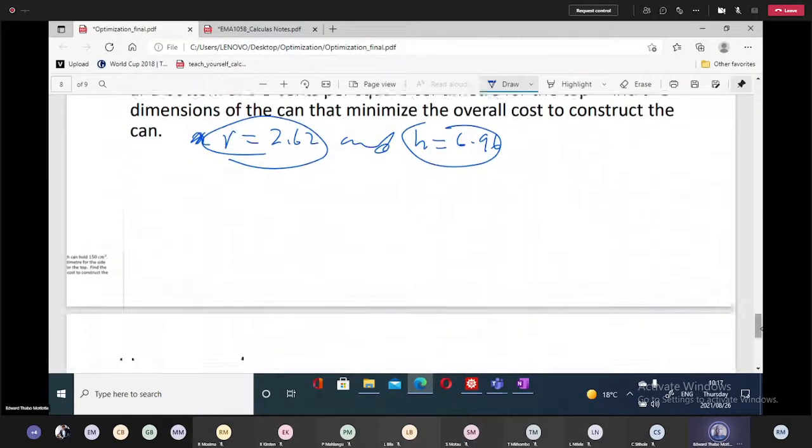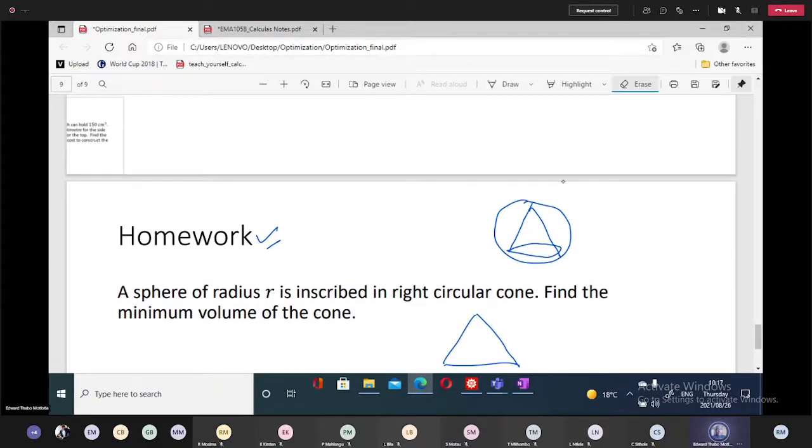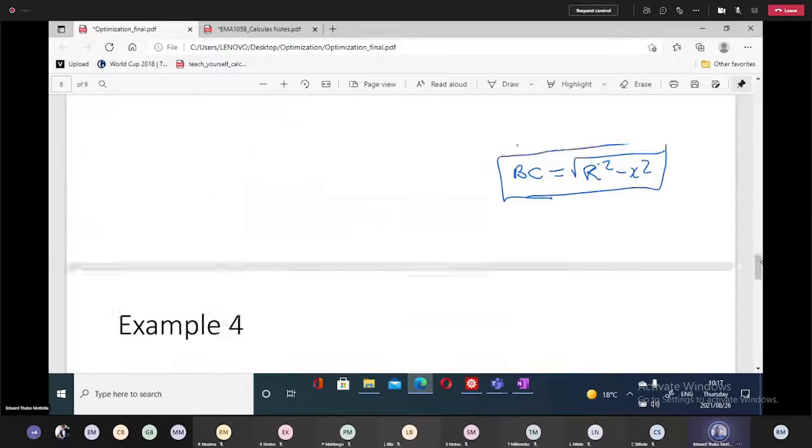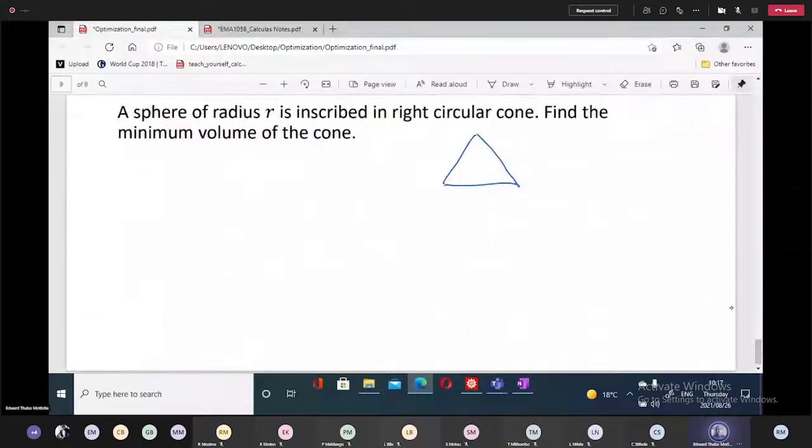Now, if you go back here on the last one, this one will be your homework. So remember, in that case, it was a sphere inside a cone. The one that we have solved above, we can go and check it, it was a sphere inside a cone.